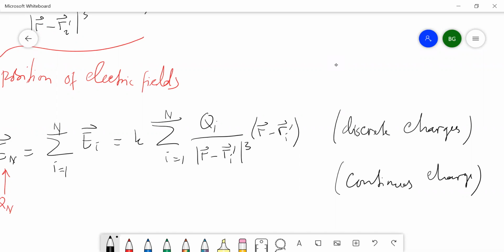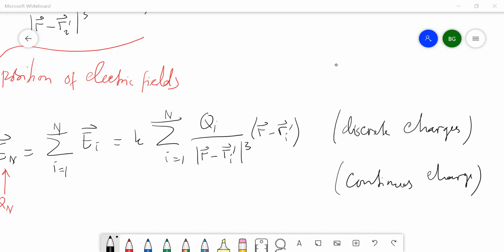N is an integer number: 10 to the 10, 10 to the 100, 10 to the 1,000, 10 to the million, it's still discrete. So which one is more physical in this case, discrete charges or continuous charge?